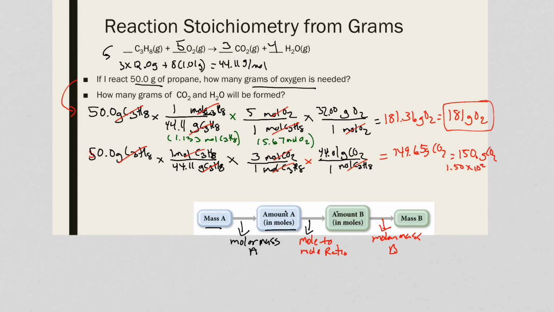Now, lastly, we'll show the example for water so that you can see all the math. This is going to look very similar. So, 50 grams of C3H8, I'm going to convert that into moles. 1 mole of C3H8 is 44.11 grams of C3H8.